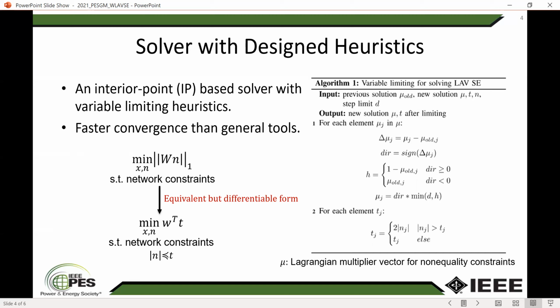To guarantee but meanwhile speed up convergence, we use what we call variable limiting heuristics in each iteration. The main idea is we start from a feasible solution and we limit the steps of each update, making inequality constraints hold throughout the solution trajectory.